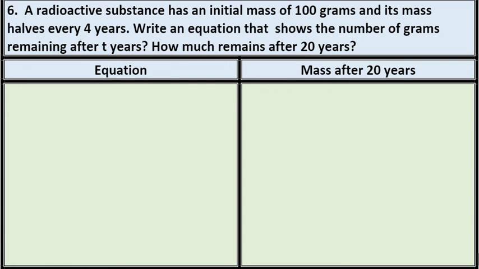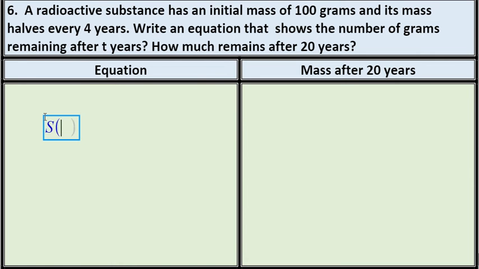So, if we're talking about how much remains, I just need a variable to talk about what's going on. So it's a radioactive substance, so I'm just going to use an S for the substance.